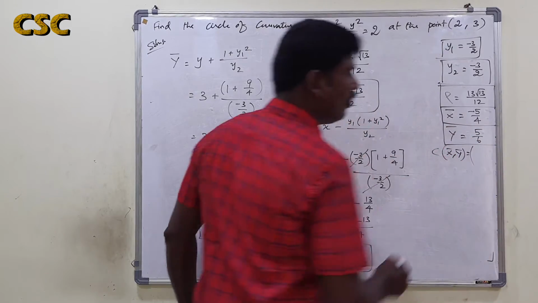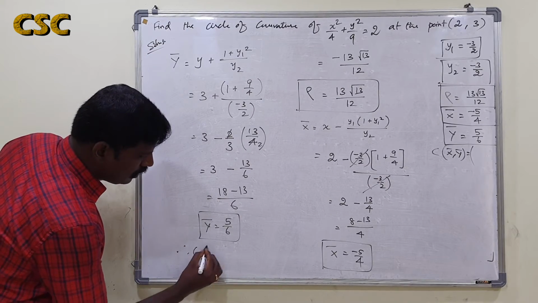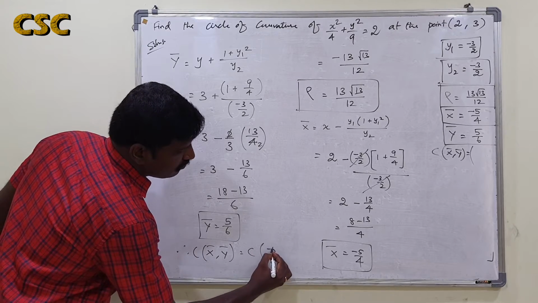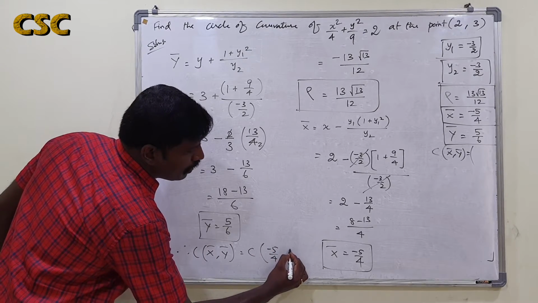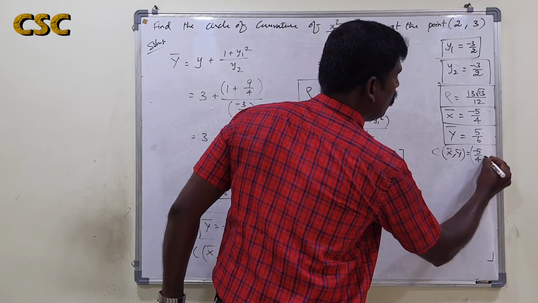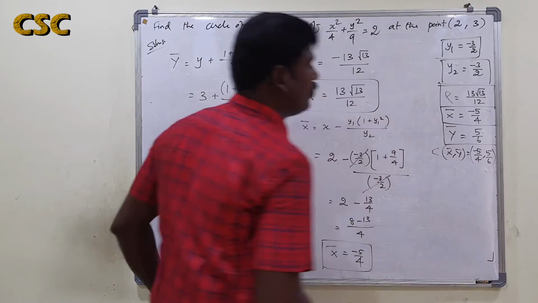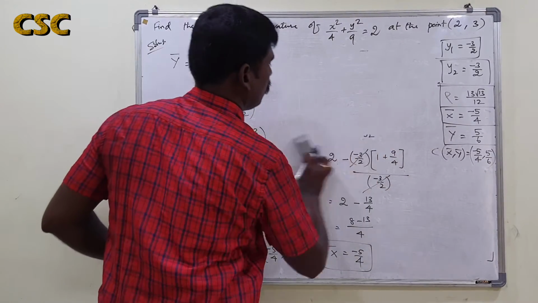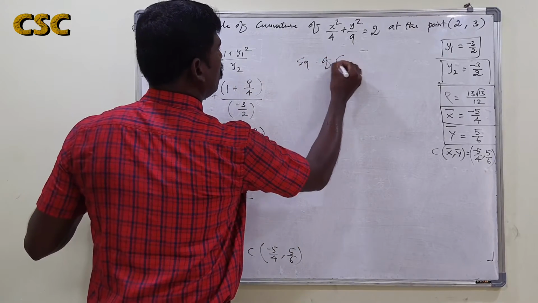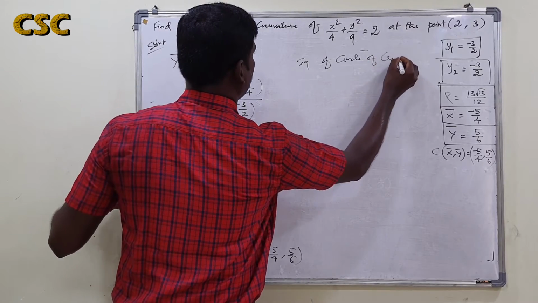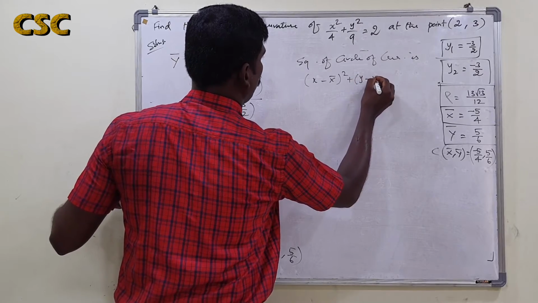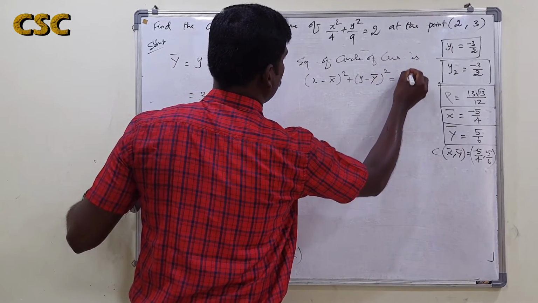So what is the center of curvature? Therefore C, x bar comma y bar, is equal to C: x bar is minus 5 by 4, comma y bar is plus 5 by 6. So the equation of circle of curvature is x minus x bar the whole square plus y minus y bar the whole square is equal to rho square.